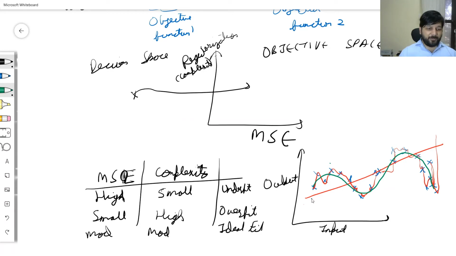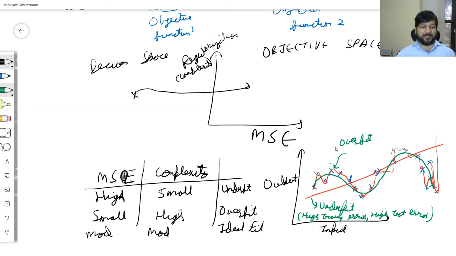So let's mention it over here. This is underfit, which is characterized by high training error and high testing error, and it's of course bad. This one is called overfit. It happens when the complexity is very high.